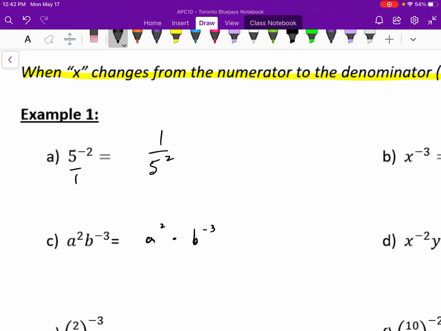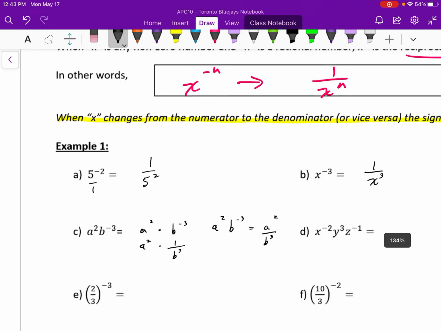And what we can see by that is that it becomes a squared. b to the power of -3 is really b to the power of 3 in the denominator. So a squared b to the power of -3 turns into a squared divided by b cubed, or a to the power of 2 divided by b cubed.